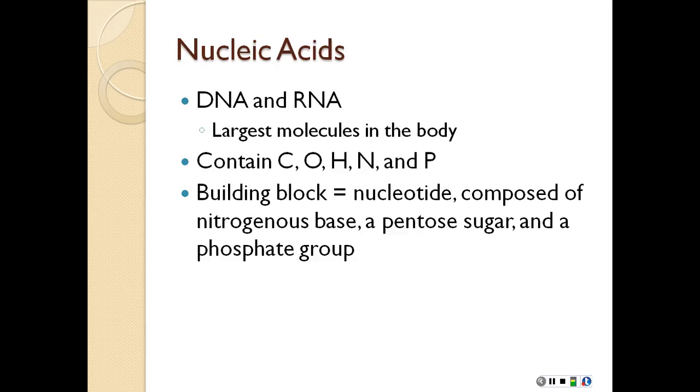A nitrogenous base. Can you name them? All right, good. So those are the nitrogenous bases. All nucleic acids also have a pentose sugar, pentose meaning 5 carbon. We mentioned 2 of those monosaccharides that have 5 carbons. So what are the sugars that are in DNA?